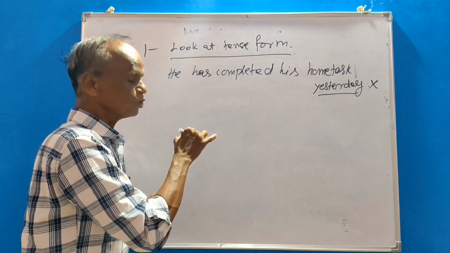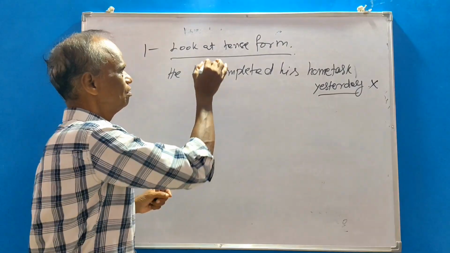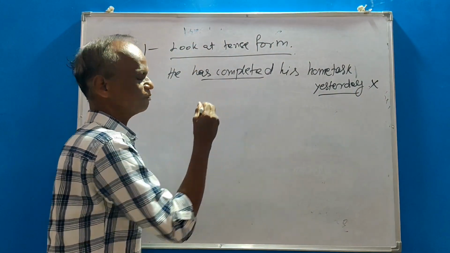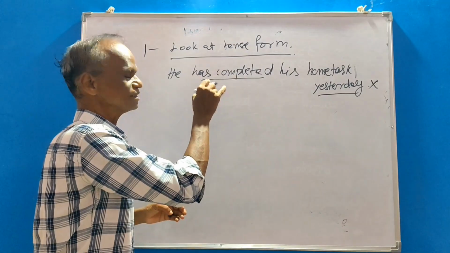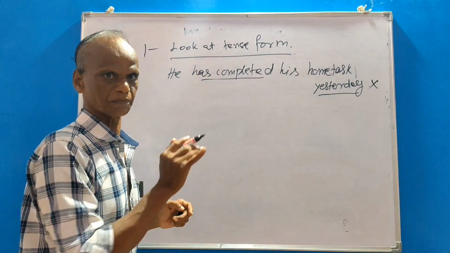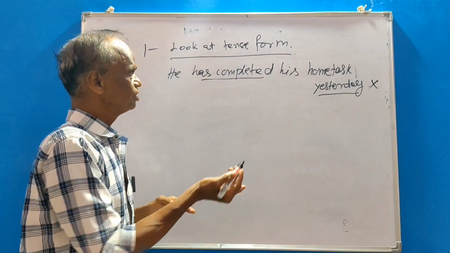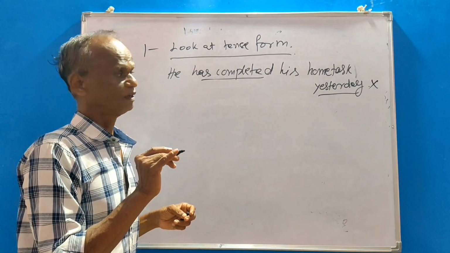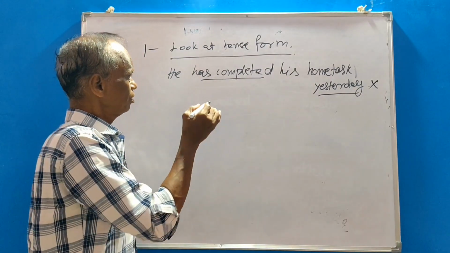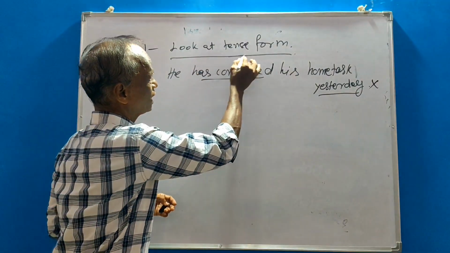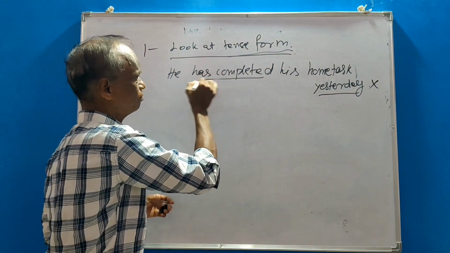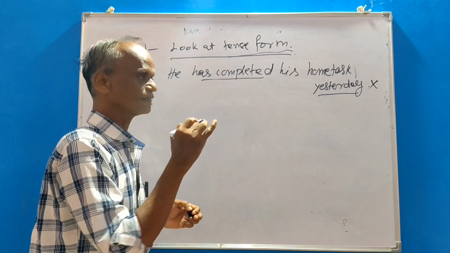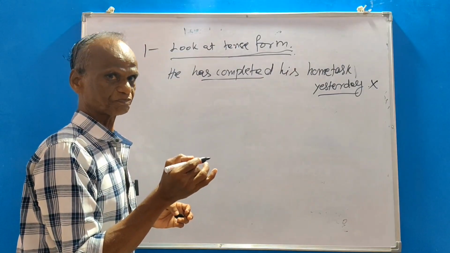So, you know the tense form from the verb. Verb indicates tense form. Tense is the soul of English grammar. So, you know the tense form of the question from the verb.